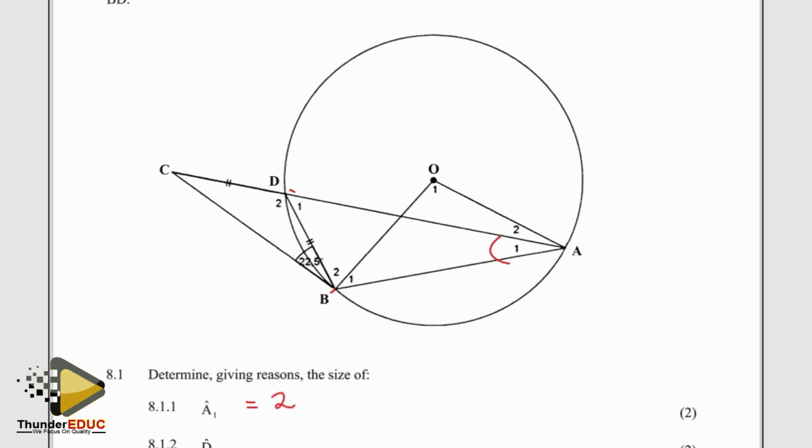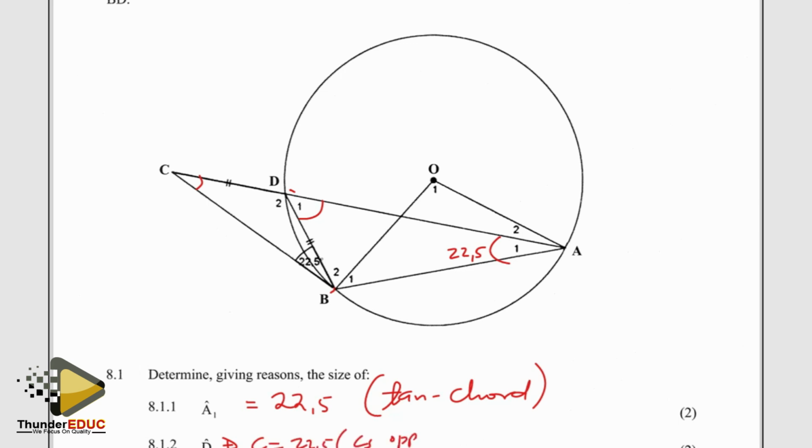So A1 is going to be 22,5. Reason, that's going to be the tan chord theorem, because this is a tangent, and then we're saying that this is a chord. Angle in between the tangent and chord. So if this is a 22,5, they want us to get D1. So for you to get D1, you can start by telling us that C is also 22,5.